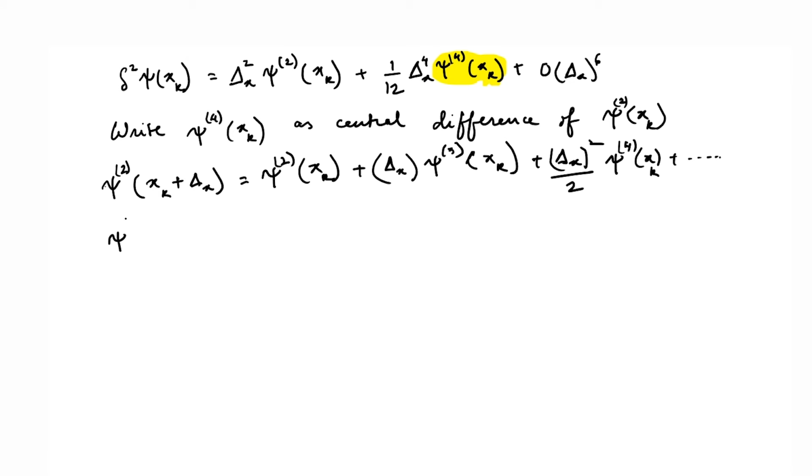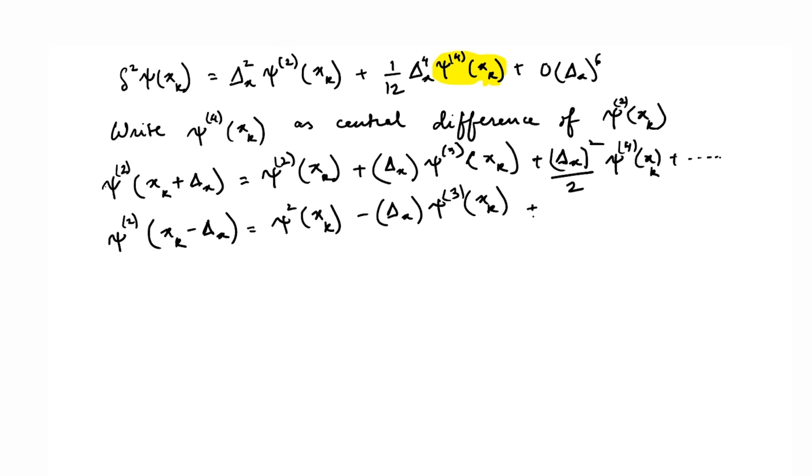Similarly, we write psi 2 at x k minus delta x, that is at the k minus 1th point of my grid, as psi 2 x k. Now, the first term will be a negative one, delta x psi 3 x k plus delta x square by 2 psi 4 x k.